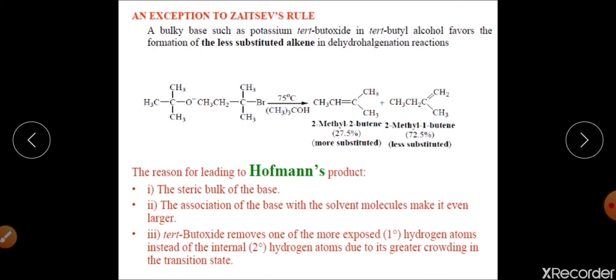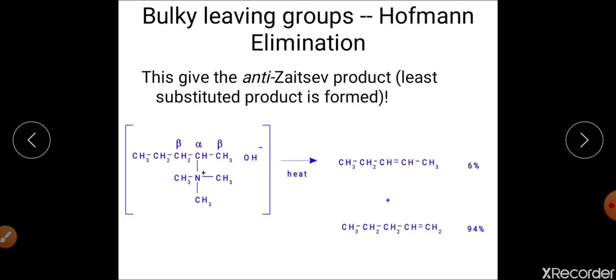The reason is that the base is bulkier, so it easily attacks this carbon because this carbon does not have steric hindrance. This base can attack this carbon more easily in comparison to the other carbon, so the Hofmann product will be the major in comparison to the Saytzeff product.